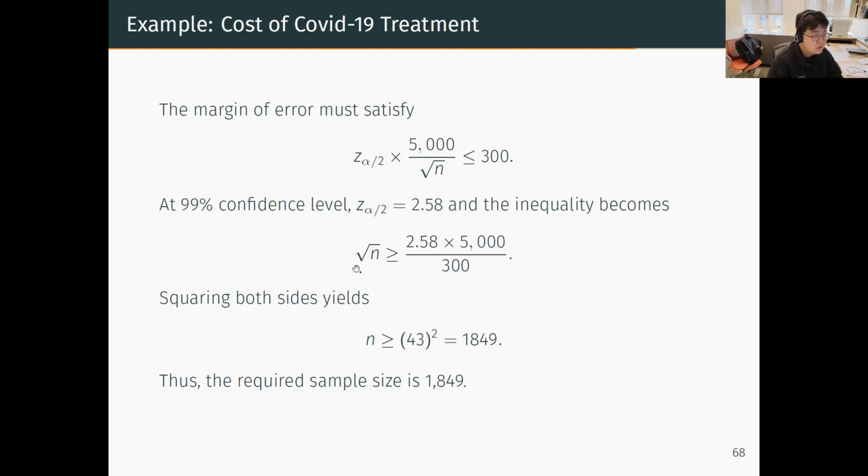Then you get this inequality. And if you calculate the right-hand side, you get an integer. So 1849 is what you need for this inequality to be satisfied. So it shows how much you need to sample to obtain a certain level of accuracy and informativeness.